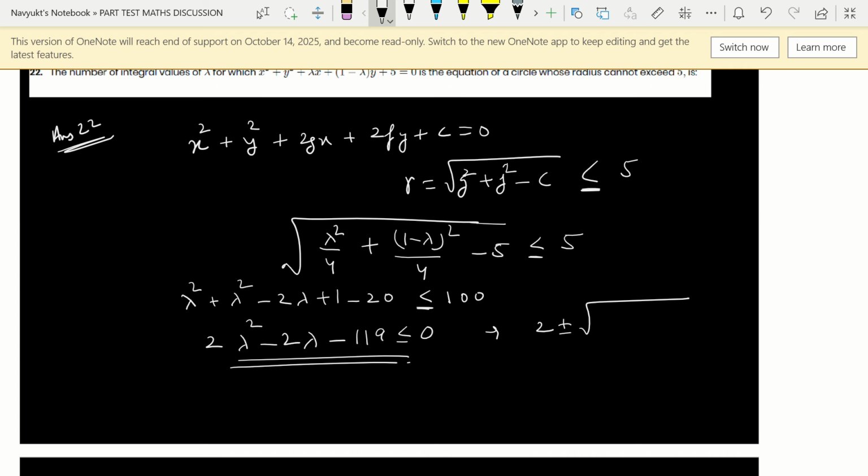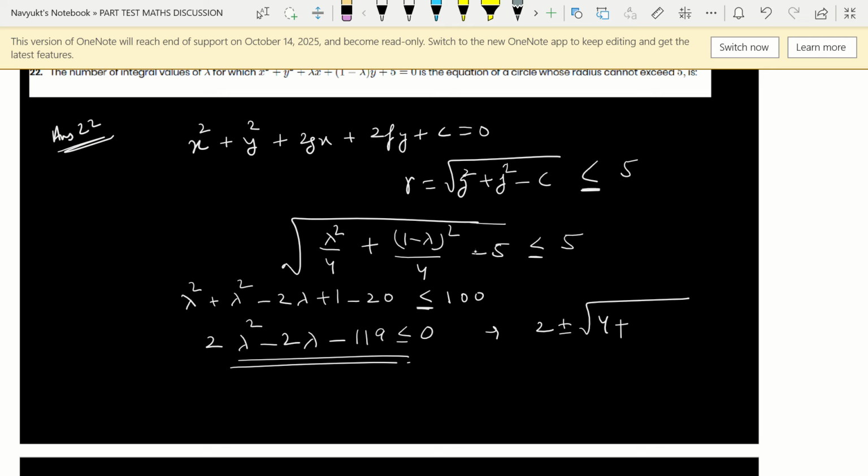So what are the roots? Minus b plus minus root of b square minus 4ac. We need not write it fully actually.